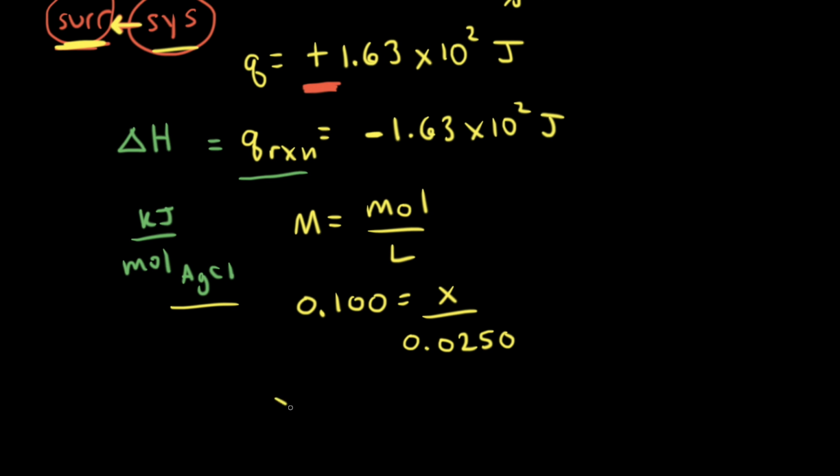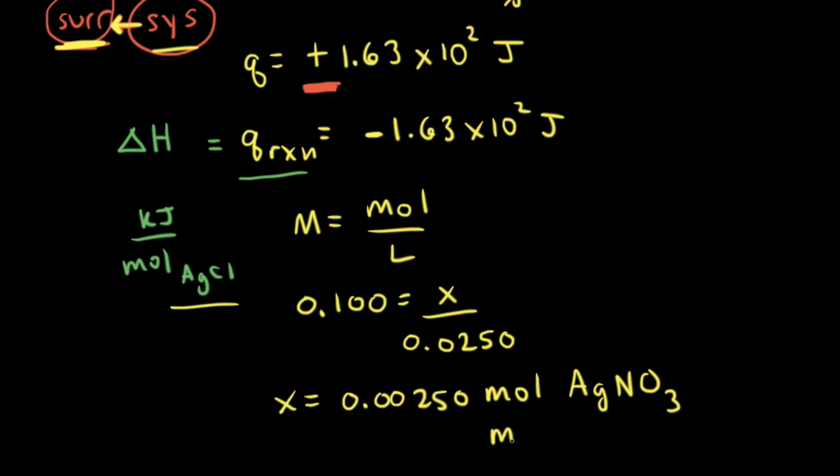So we solve for x, and we get 0.00250. So that's how many moles of silver nitrate that we started with. And it's the exact same calculation for sodium chloride as well. So this is also how many moles of sodium chloride we have.